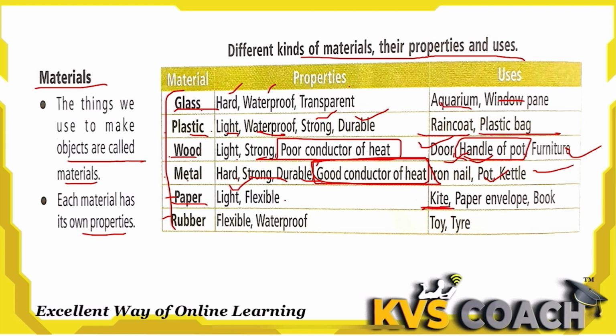We use it in making kites, paper envelopes, books, etc. Rubber is a flexible material. It is waterproof also. Paper is flexible but not waterproof, but rubber is flexible and waterproof. So we use it in making toys, tires, etc. So these are the different types of material, their properties and their uses.